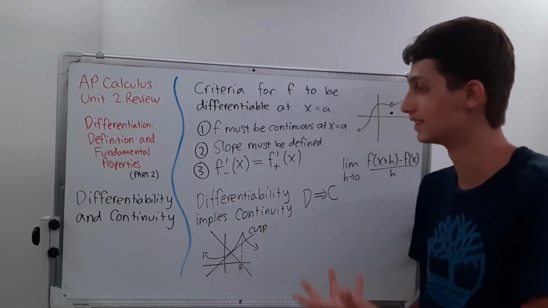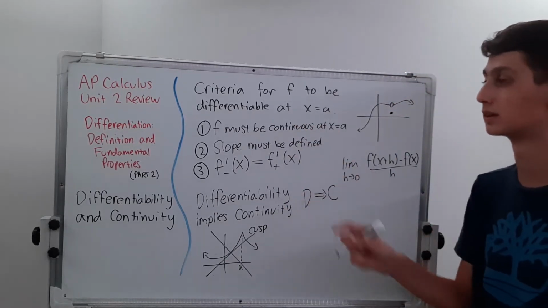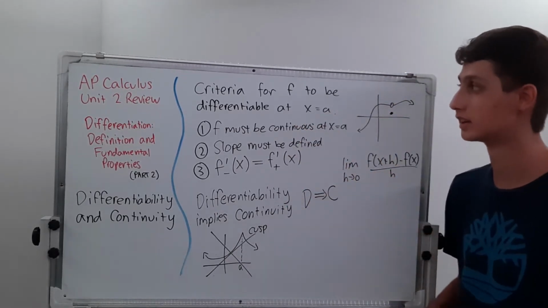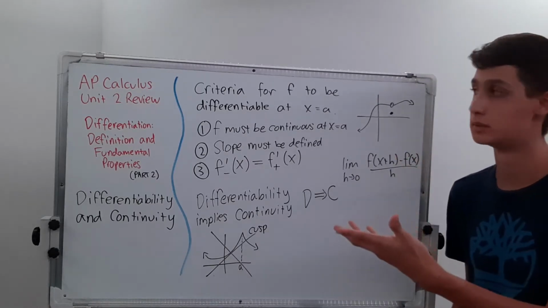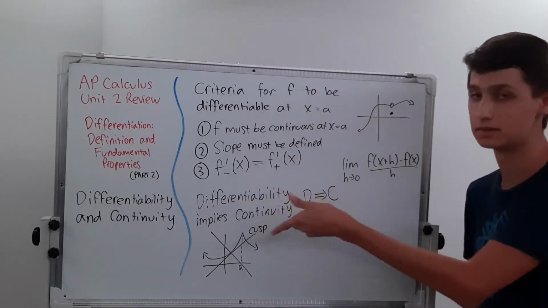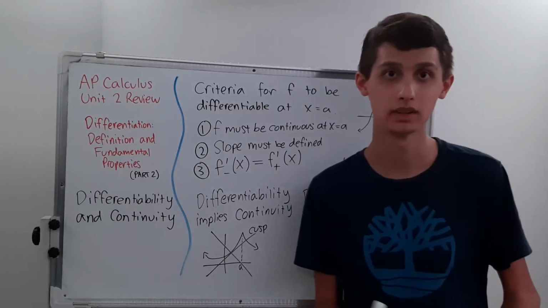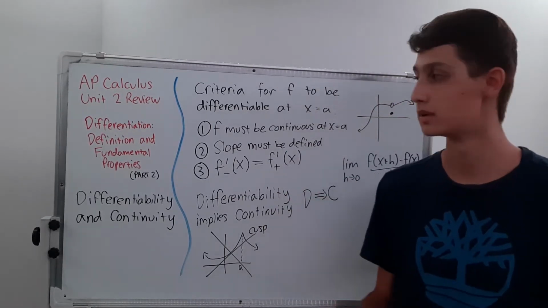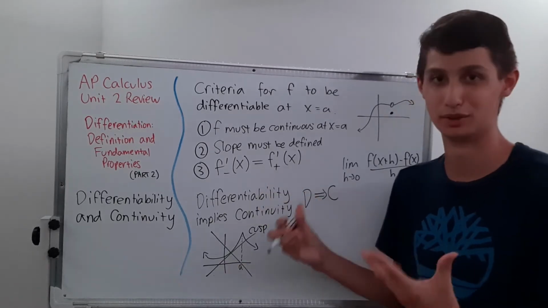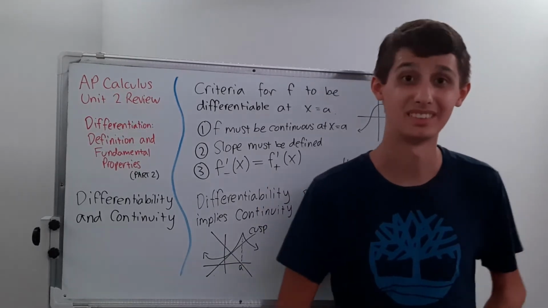So that's basically all of differentiability. These are the three criteria for differentiability. For a function to be differentiable at x equals a, you have to have these three things. I would definitely suggest remembering them, not memorizing them, just remembering them and making sure they make sense. That's why I'm doing this for you, so that it makes sense to you.